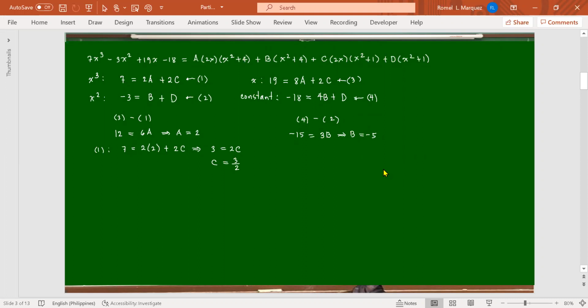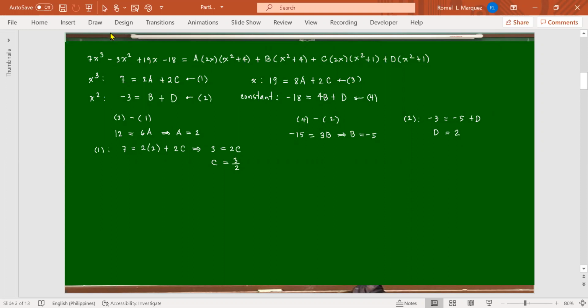What about the value of d? We can get it from either equation 2 or equation 4. So let's get that from equation number 2. From equation number 2, we have negative 3 equals b, which is negative 5, plus d. D therefore is equal to positive 2.